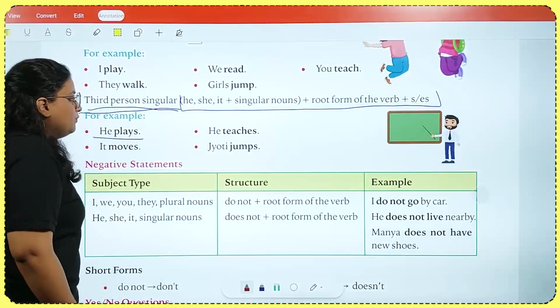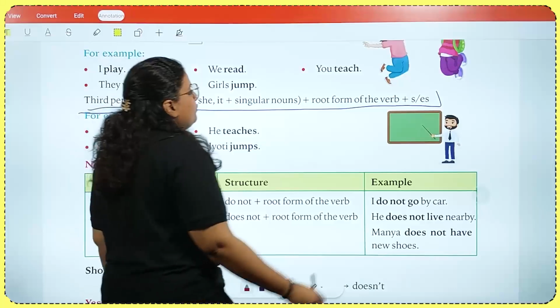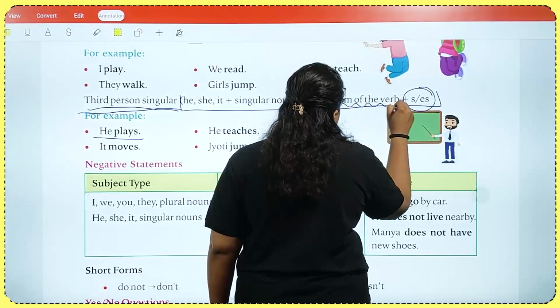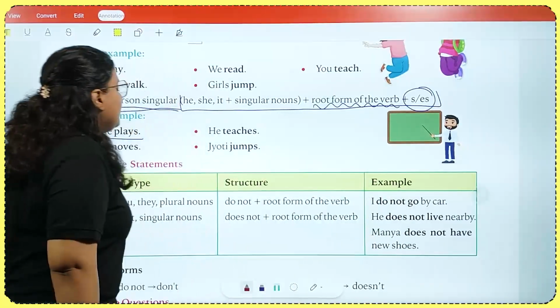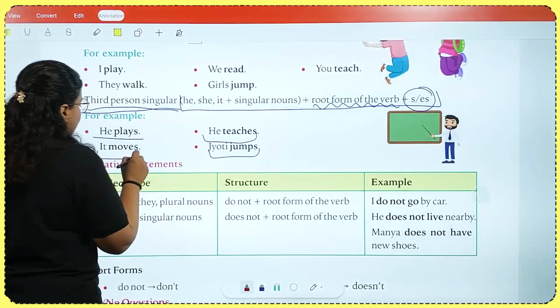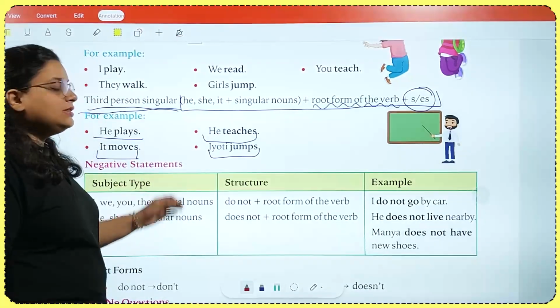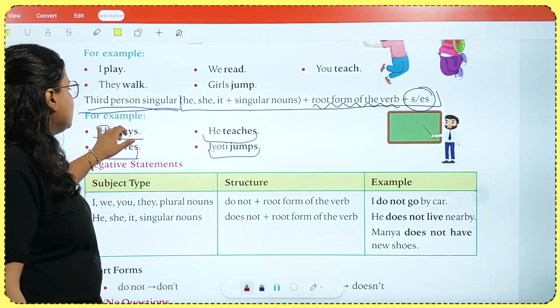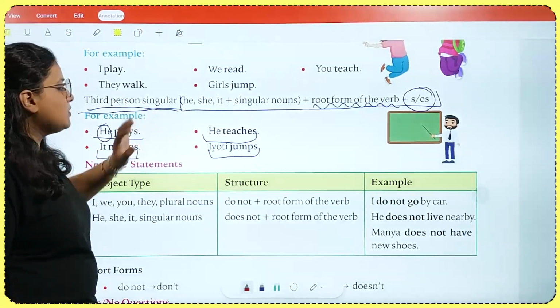Here the form changed. You will have to add an s or an es to the root form of the word. He teaches. Jodi jumps. It moves. These are all sentences where we used with the third person the root form plus s or es.